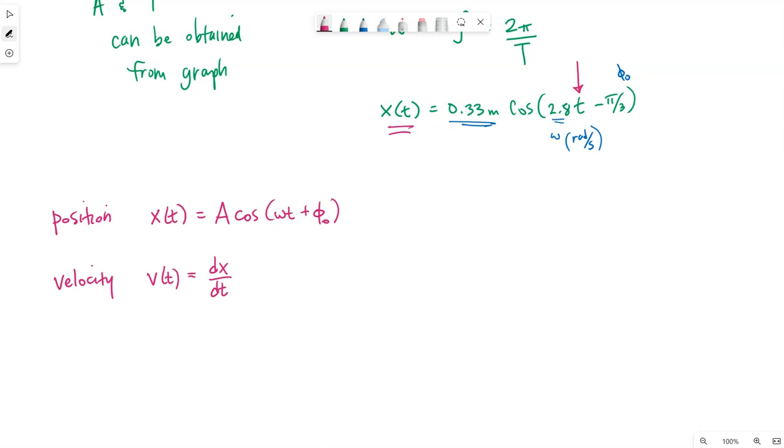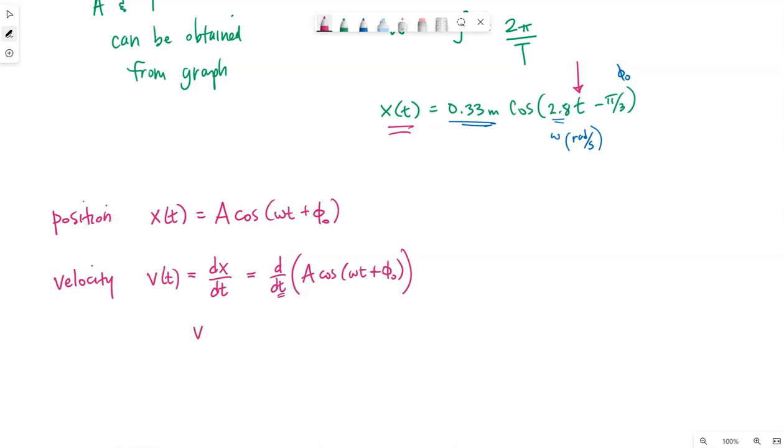So I'm taking the derivative of this x function with time as my variable. I could write it this way, d dt, and then put in this function I'm taking the derivative of. The t tells me the variable that I'm taking the derivative with respect to.